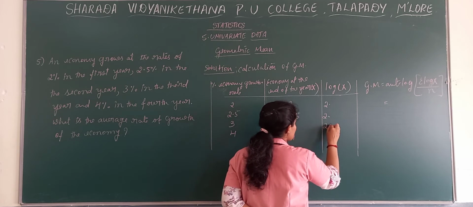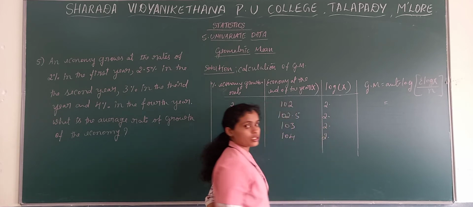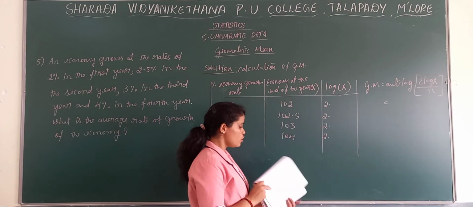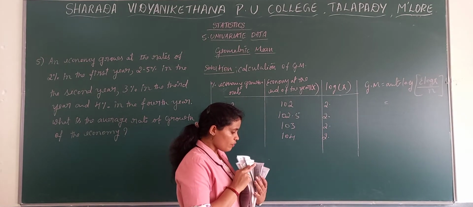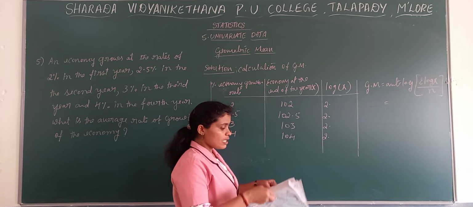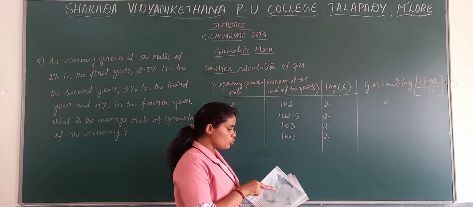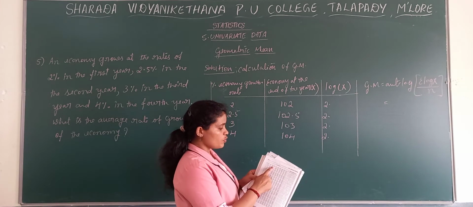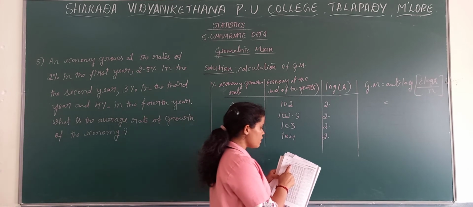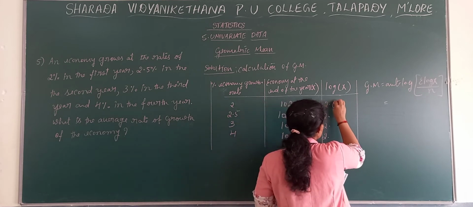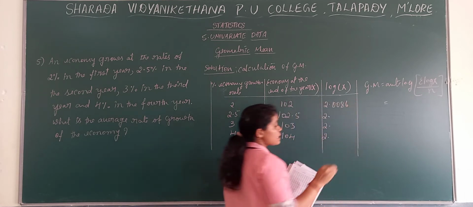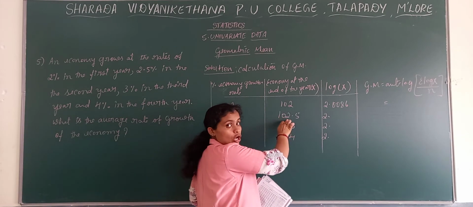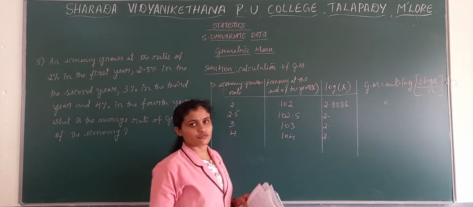Here also 2 point and here also 2 point. Now, take the log values. Open your log table. First one, 10, in that 2, 10th row, second column you have to see. Then you have 0086 as your log.